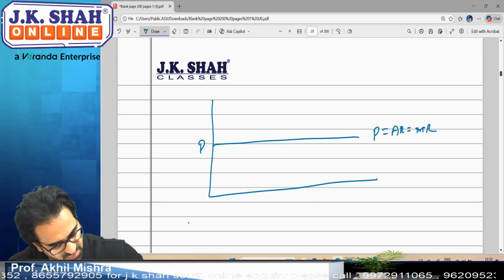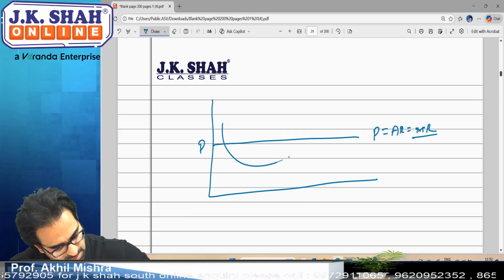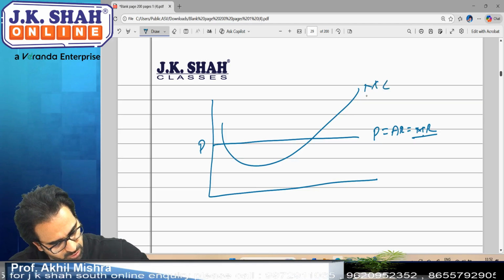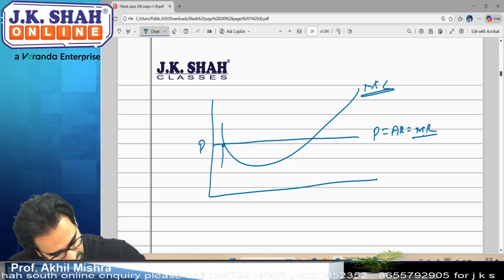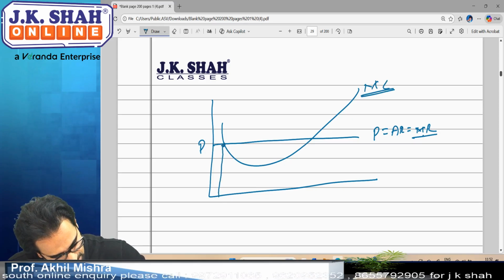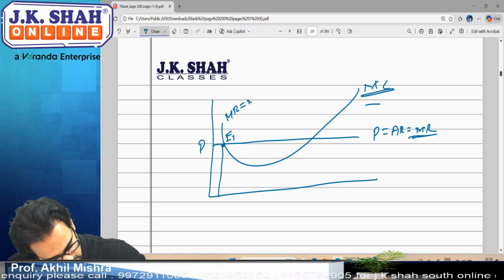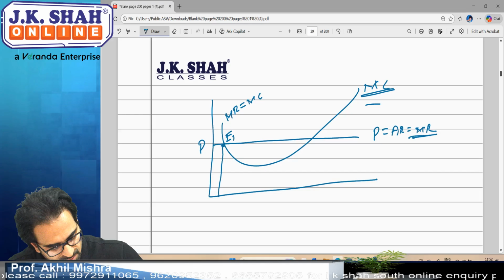MR should be equal to MC. This is MR. This is my MC cost. This is the first order condition. At this point, MR and MC both become equal at point E1. So MR is equal to MC, correct? First order condition is done.